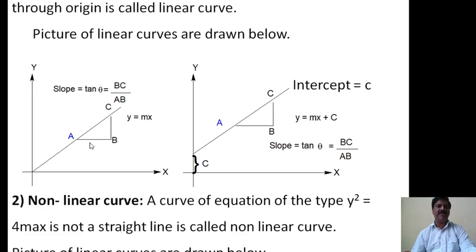Tan theta is also the opposite side of the right angle triangle to the angle theta, divided by the adjacent side. Therefore BC is the opposite side, because theta is there, and AB is the adjacent side, the base of that angle.